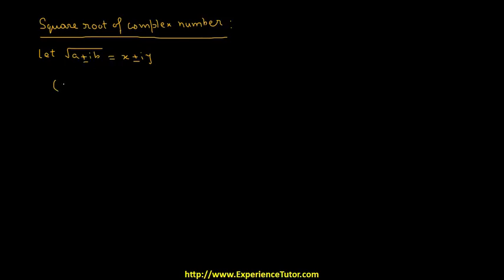Squaring both the sides, we can get a plus minus ib is equal to the square of x plus minus iy.